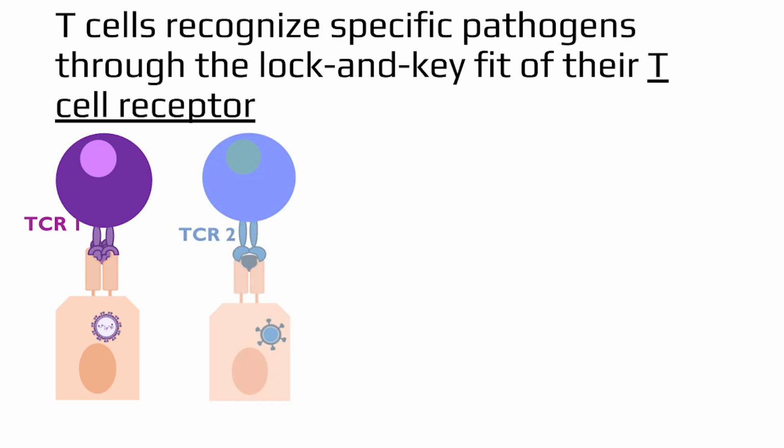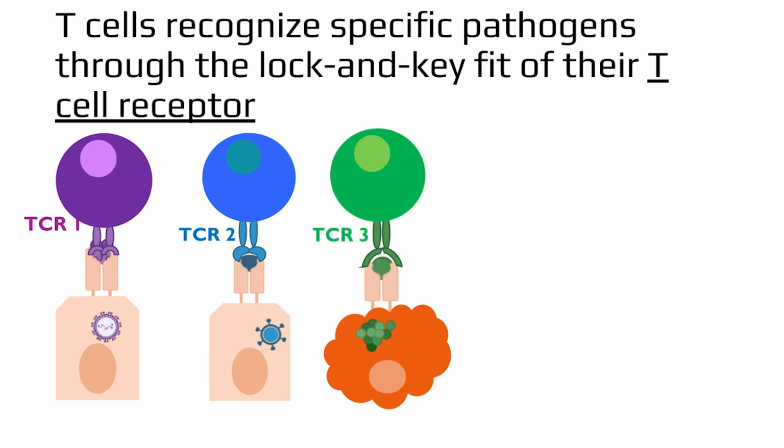So that means that for each virus that we encounter, that we become infected with, there's a T cell with a different specific T cell receptor for this year's flu strain versus next year's flu strain, or any bacterial infection.